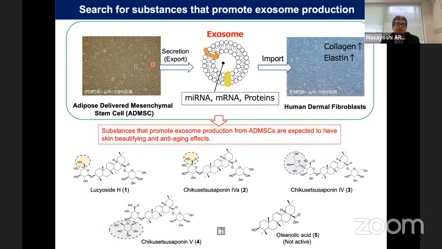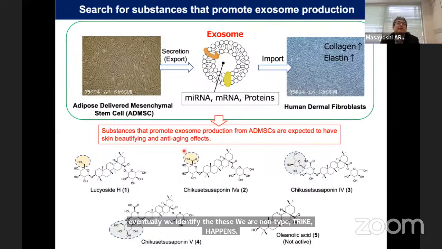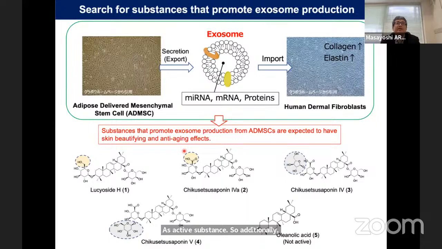In this case, although the extract was from plant origin, eventually we identified these oleanane-type triterpene saponins as the active substance. Additionally, the structure-activity relationship indicated that having 2 sugars at the third position is better than 1, and uronic acid is preferred for the 3 position.